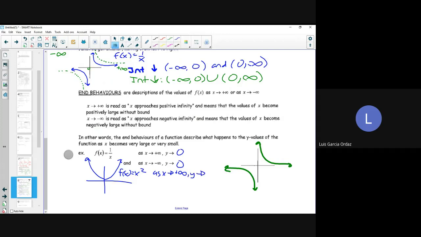Zero? No. Positive infinity. Right. As x approaches negative infinity, what does y approach? If x keeps going to the left, what does y approach?